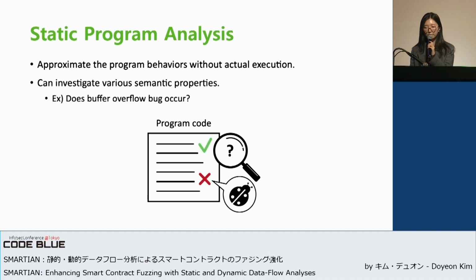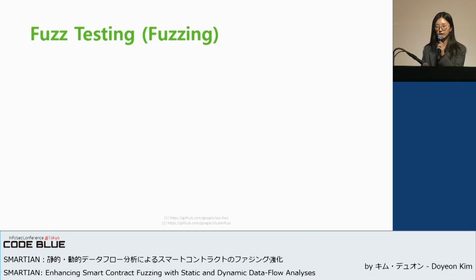Through this approximation technique, we can investigate various semantic properties of program execution. For example, we can guess whether a buffer overflow bug occurs or not. More specifically, we can predict which access to an array can trigger a buffer overflow before the program execution. The benefit of static analysis is that it doesn't execute the target program, so we can predict whether there is a bug or not.